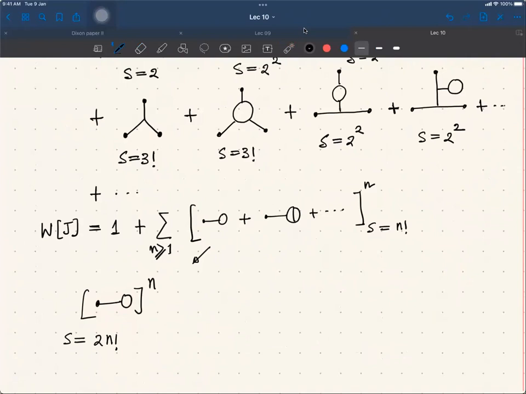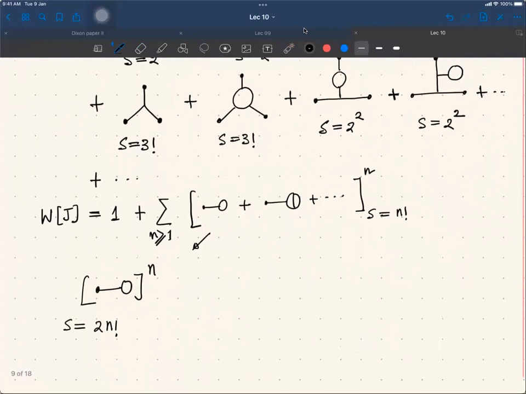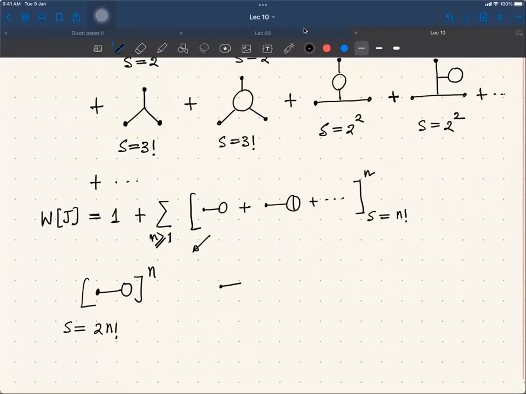Similarly, there will be another diagram, just randomly picking some examples. There will be another term which will be this. Like all sorts of combinations you will get from this exponential expansion. This is linear in this and quadratic in this.